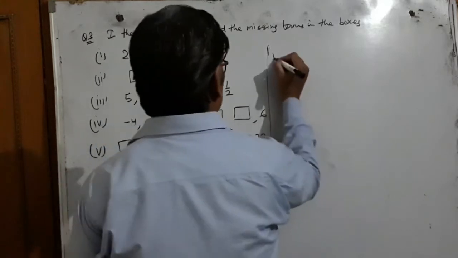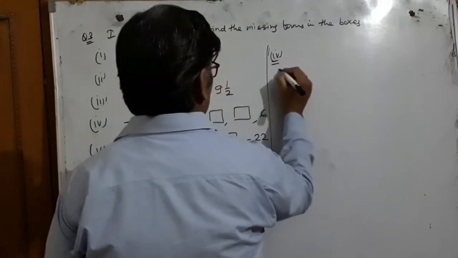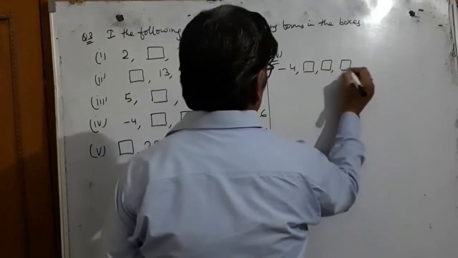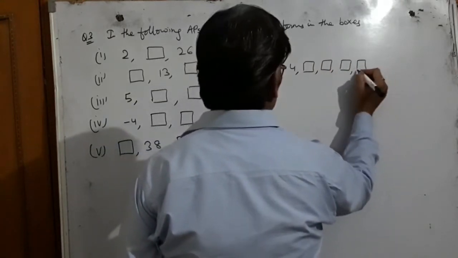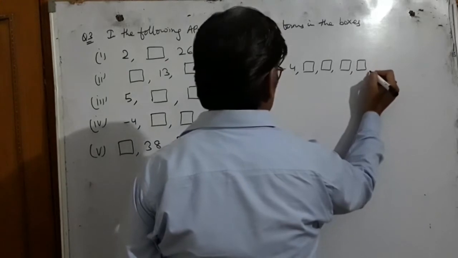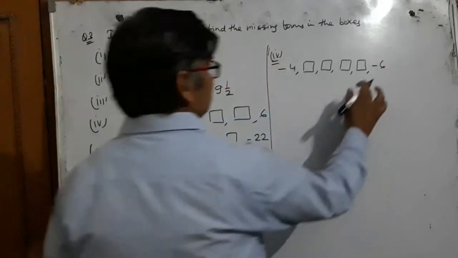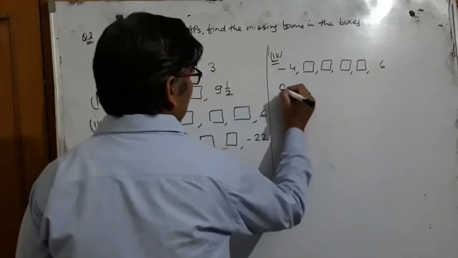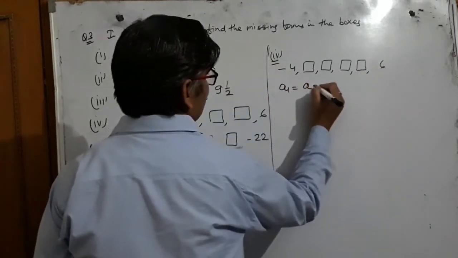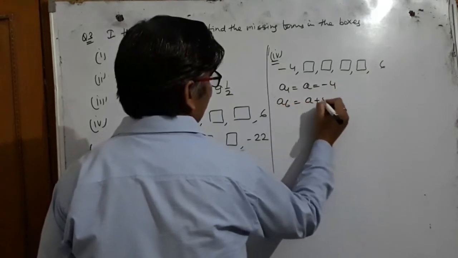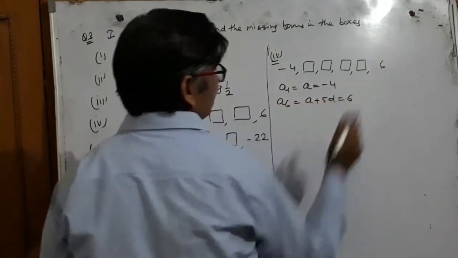Now the fourth part. The first term is minus 4, four terms are missing, and the sixth term is 6. A1 means A is minus 4, and A6 means A plus 5D is 6.